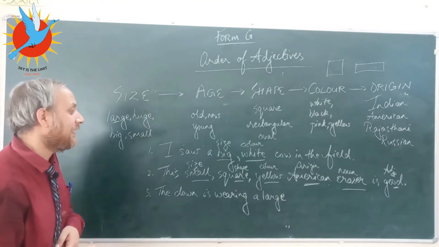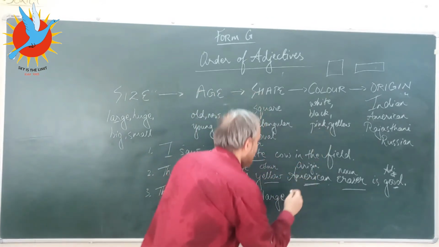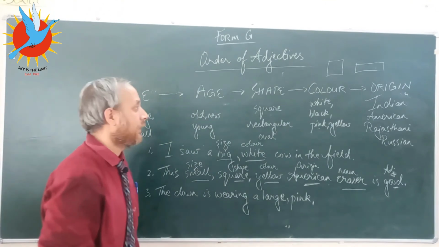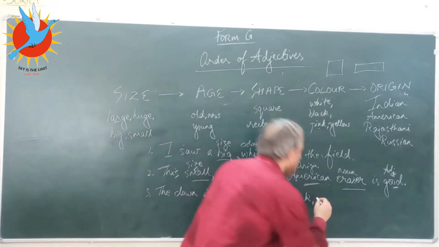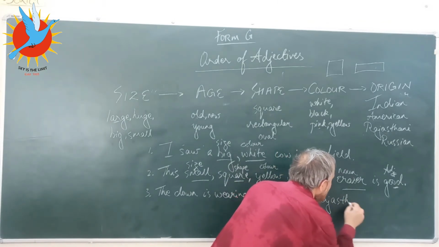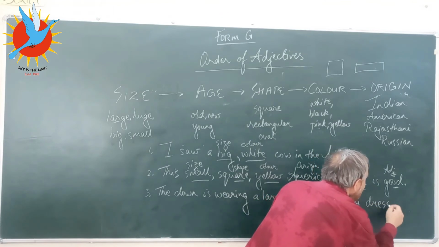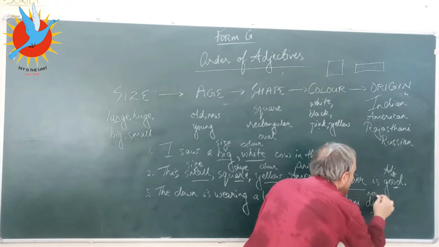Then let's take an adjective of color, large, pink, and let's take an adjective of origin, Rajasthani dress. Now what is dress, kids? Dress is a noun.